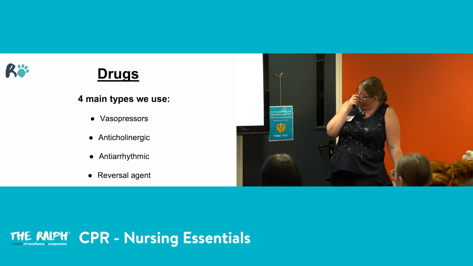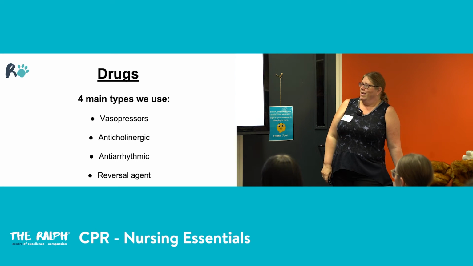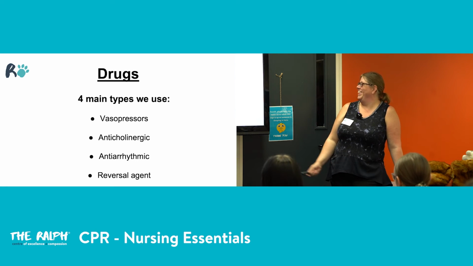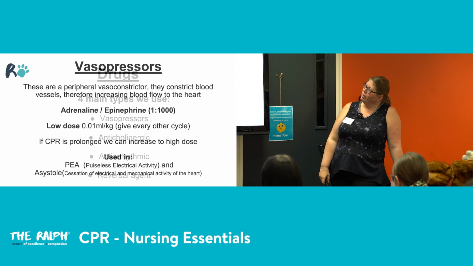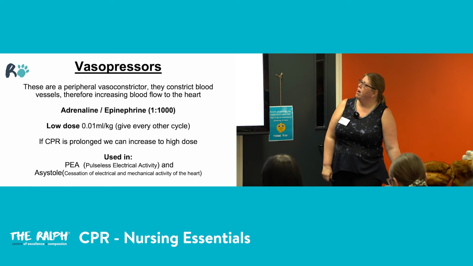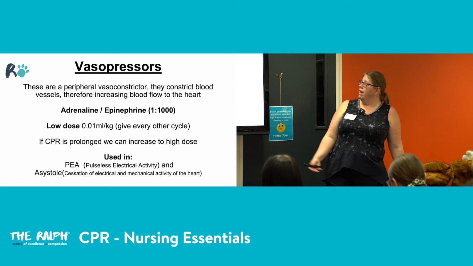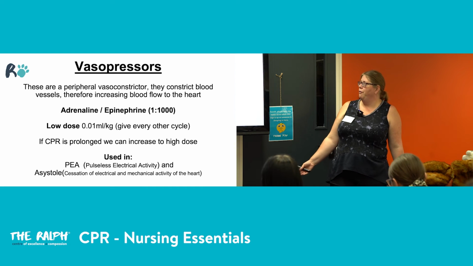Okay, so going back to the drugs, the 4 main types of drugs we have are vasopressors, anticholinergics, antiarrhythmics and reversal agents. The vasopressors are peripheral vasoconstrictors; they constrict blood vessels, therefore they increase the blood flow to the heart. The one we use is adrenaline or epinephrine.